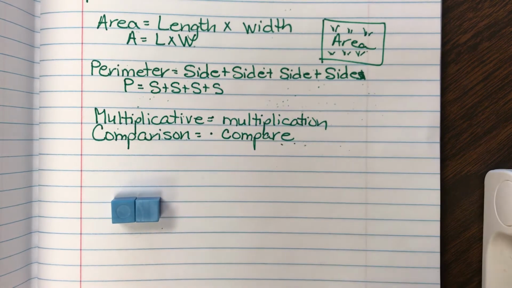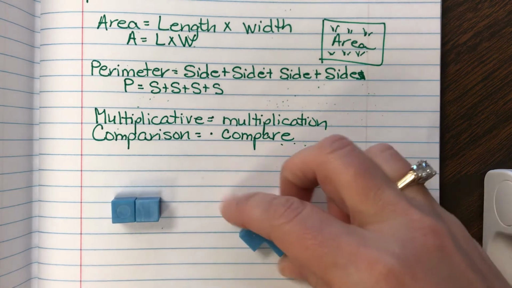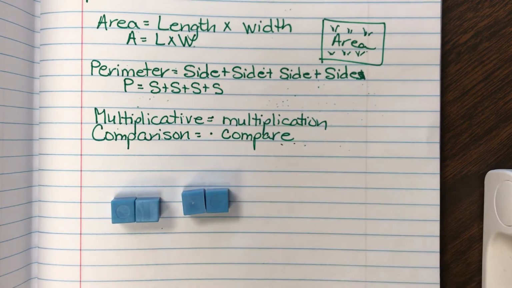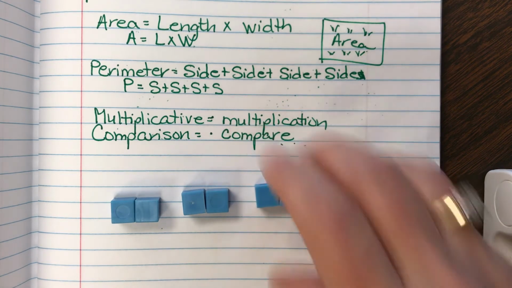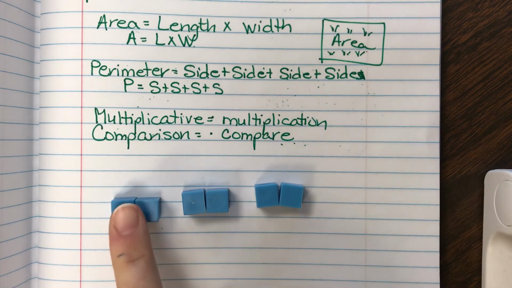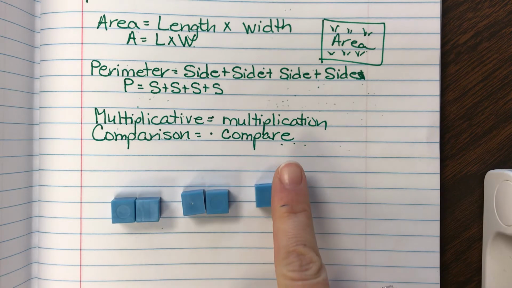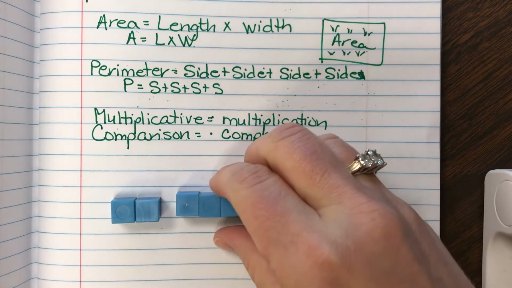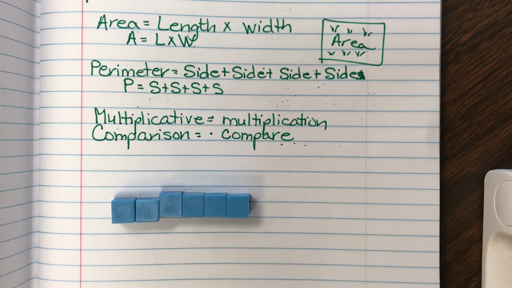Or maybe I start off with 2, just like that, and I say, ooh, my next shape is 3 times as long. Then, because I start with 2, I'm going to continue, and I'm going to put 2 right there. I said 3 times as long, so it's 1, 2, 3 of them set together to make that shape.